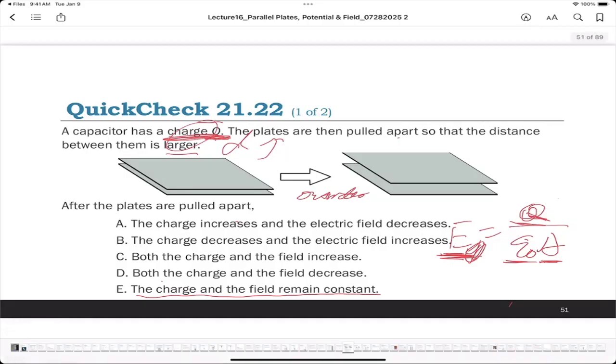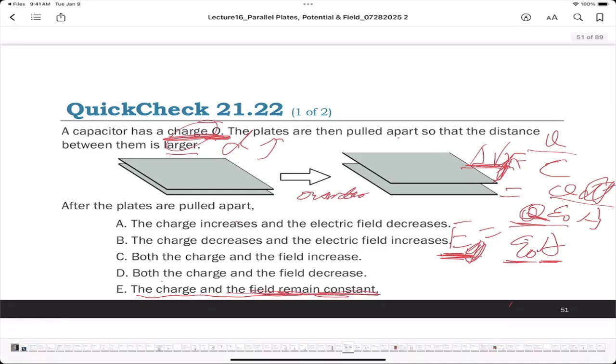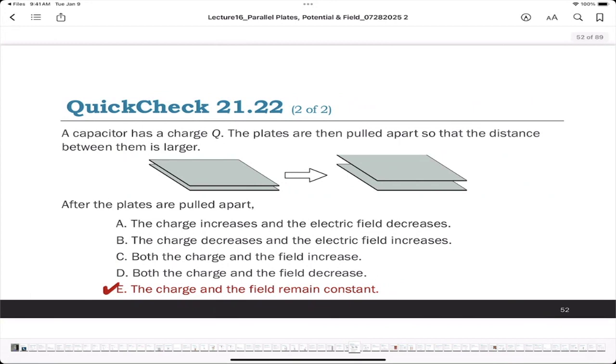You can see delta V equals Q divided by C, which equals Q D over A. Because D is larger, the electrical potential difference is larger. So the electrical potential changed, but the charge and the field remain constant. Pay attention to this one, it is a little tricky. So the right answer is E.